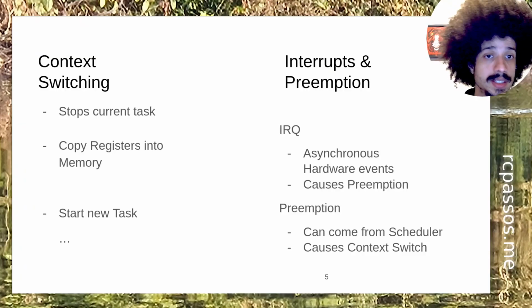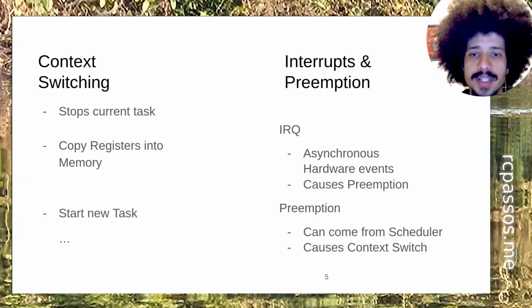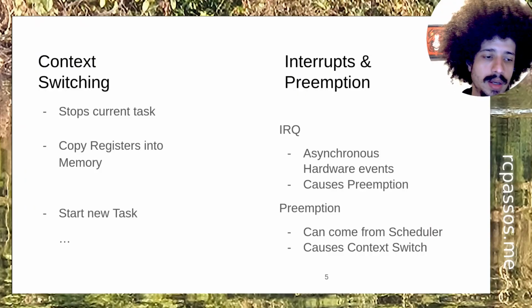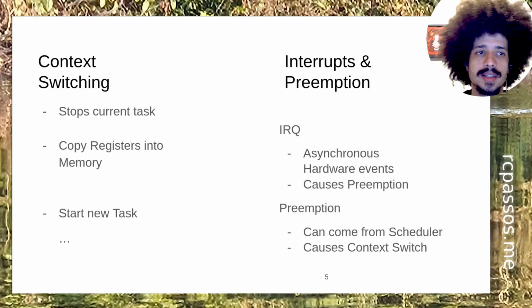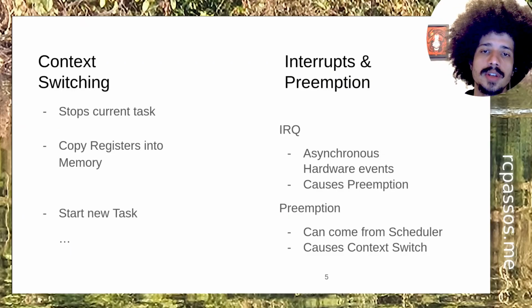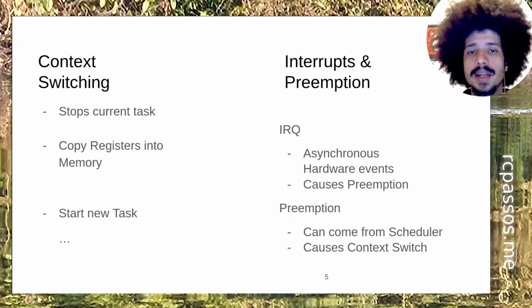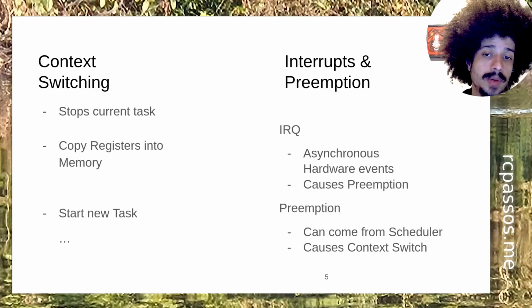Well, this causes a context switch because it had to preempt a task to start processing this interrupt and then return to what it was doing. And I already explained what preemption is. It's this removal of a task to complete it later.